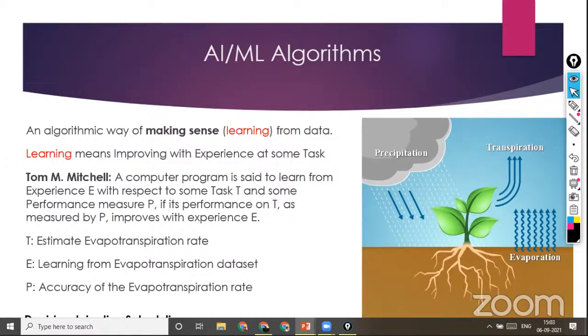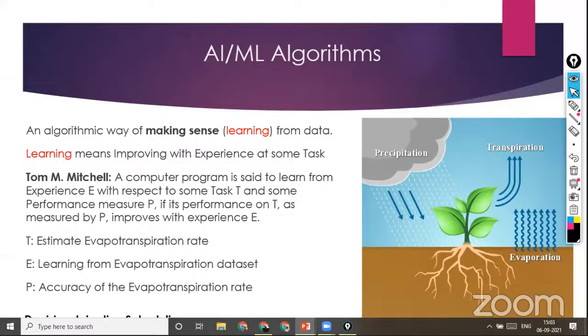Anyway, the overall essence is that the learning process improves with experience at some task T, and we measure the accuracy, and we feed more and more data, and we use many kinds of algorithms and techniques to improve the accuracy. So that is the essence of these AI and ML algorithms.